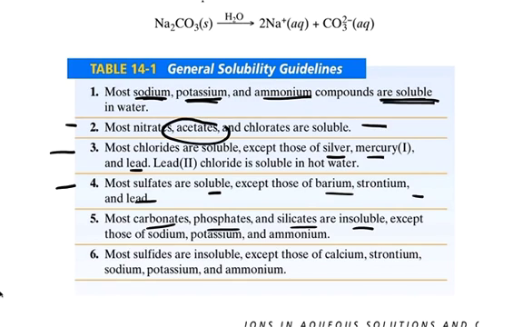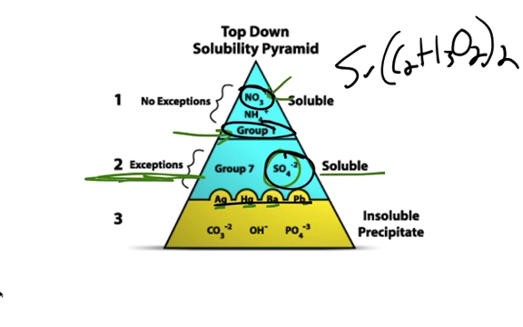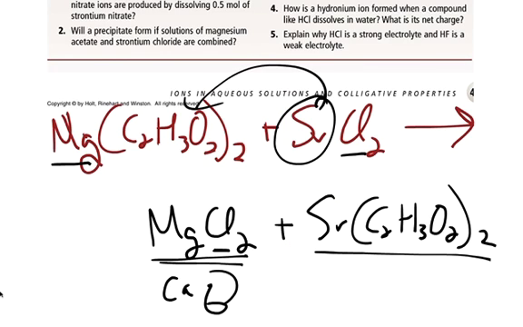But I do find that there's acetates here, and it says most are soluble. So actually, maybe on this first tier, I want to add acetate, C2H3O2. So that's kind of unfortunate, but it can come up. This is our solid. Okay, so we did that. So we know what the solid would be.